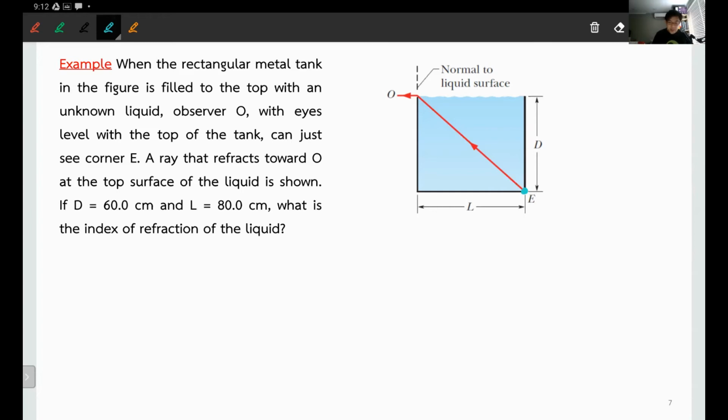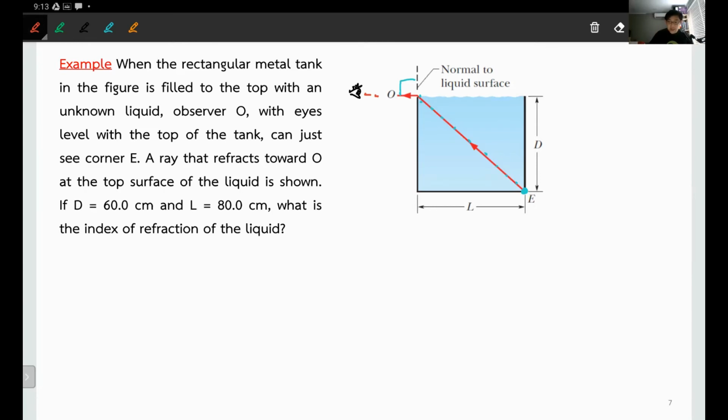This light is generated from the corner of the tank and tries to get to the top surface of the tank, but then it goes through refraction, and the refracted ray makes a 90-degree angle with the normal, and it hits your eyes that are just waiting right here. So that's why you can see the corner of the tank without actually aiming at the corner directly. Okay, you guys with me?